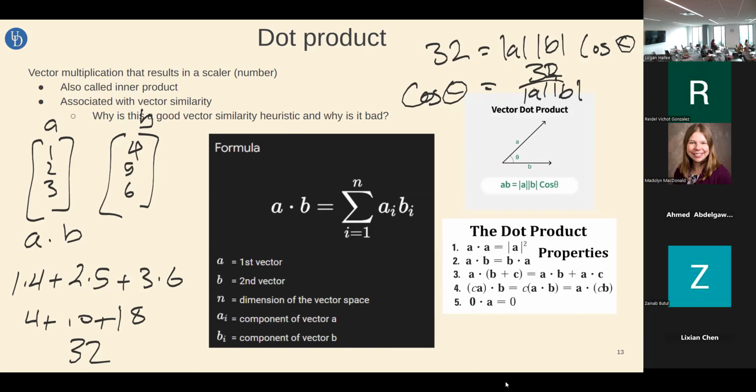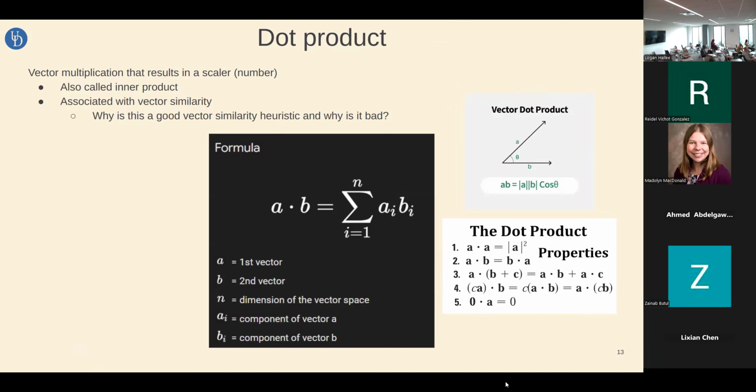The intuition is that a really high dot product implies a high amount of similarity between the two vectors. While that doesn't hold everywhere because it's scaled by the magnitudes, it is a good one-off shot to compare two vectors and say those are quite similar. If you actually need a normalized value, you need to normalize first, so divide by the magnitude, and you get this cosine relationship.